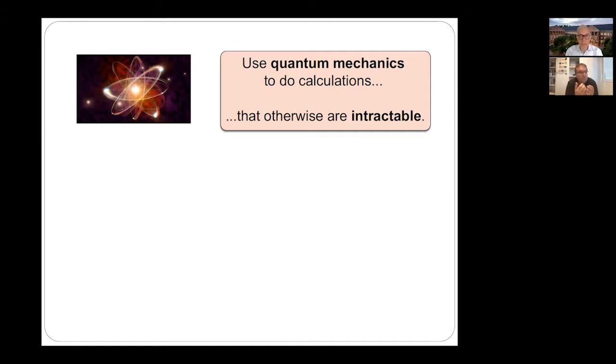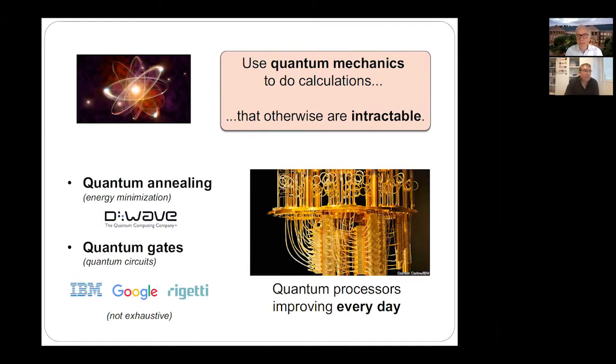Once we encode information in quantum systems, we can use quantum mechanics to process this information. Following the laws of quantum mechanics, we can do many things that would otherwise be impossible in classical computation. We can do calculations that would otherwise be intractable with just a conventional computer.